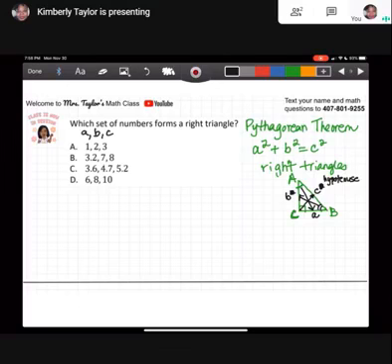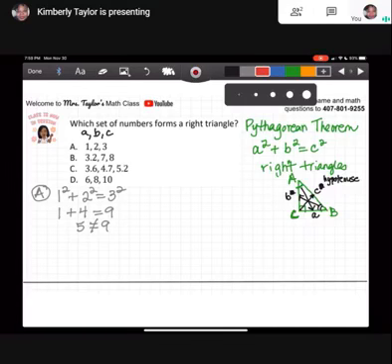So if I go to answer choice A, we have 1 squared plus 2 squared is equal to 3 squared. So that's going to be 1 plus 4 is equal to 9. That's 5 equals 9. That is not a true statement, so we're not going to pick that.